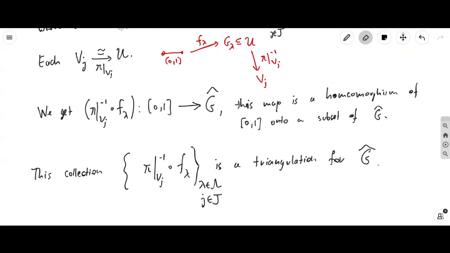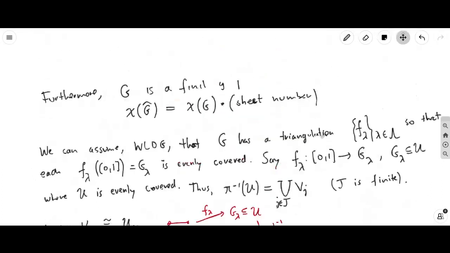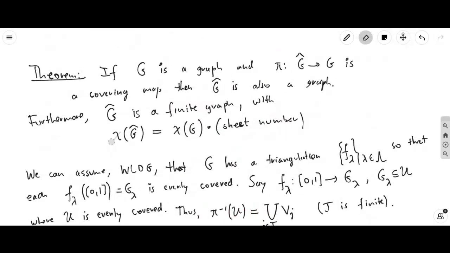So the number of edges gets multiplied by the number of sheets. And the number of vertices gets also multiplied by the number of sheets, because how are you getting the vertices? Well, those are the fibers, right? You get the fiber over the point, that will give you the vertices in the covering space. And so everything gets multiplied by the sheet number. So the Euler characteristic will therefore grow by that multiple.